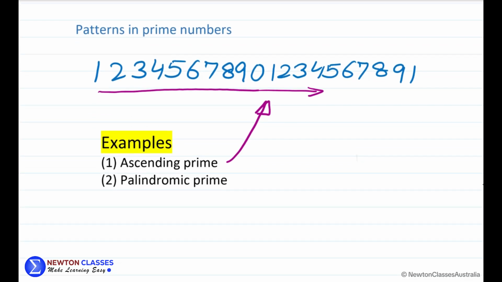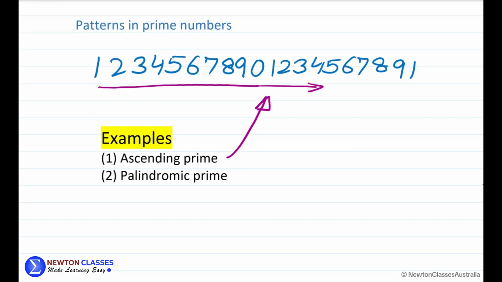There's one more interesting type of prime numbers called palindromic prime numbers. For example, if I write 1, 3, 1. If I start from left side to right side, it's 1, 3, 1. If I start from right to left, it is again 1, 3, 1, and it is also a prime number. Another example could be 1, 5, 1.